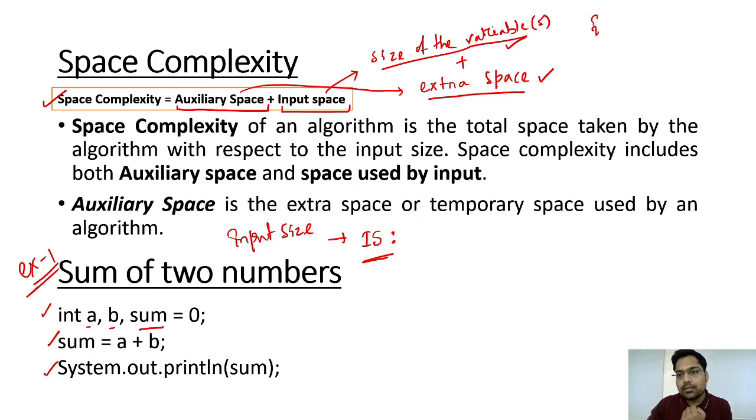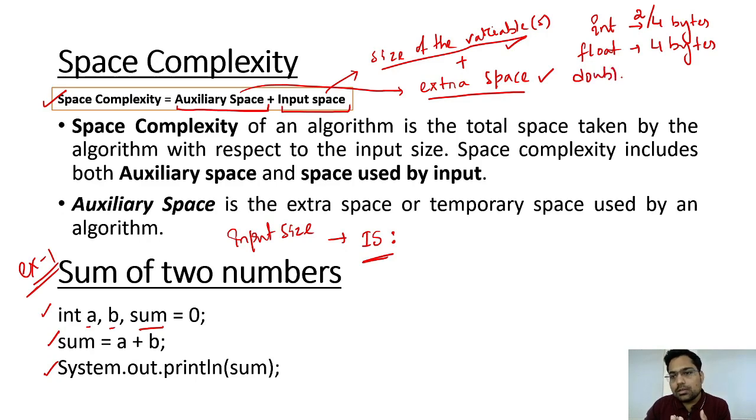If the variable is an integer, we say it is 4 bytes, as we have already read. For float, it is also 4 bytes. But integer is not always 4 bytes; it is 2 or 4 bytes, depending on the compiler. If your variable is double, then it is 8 bytes.